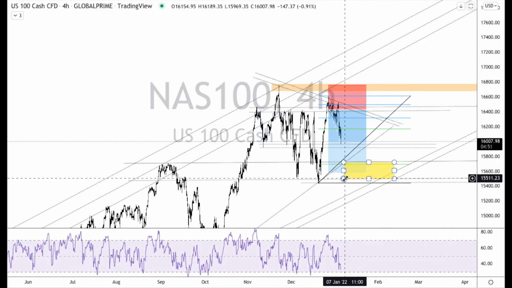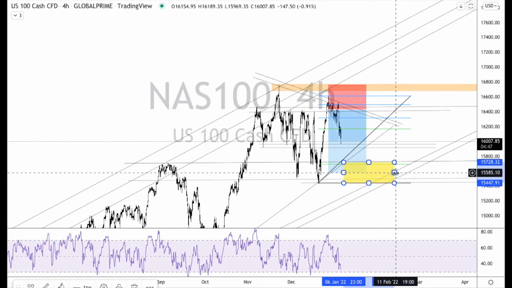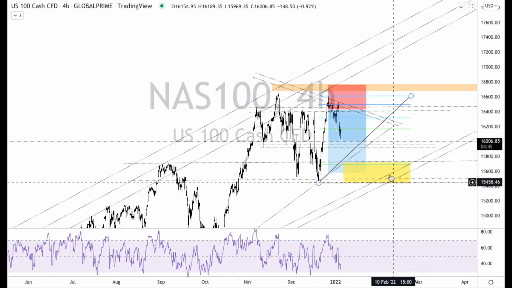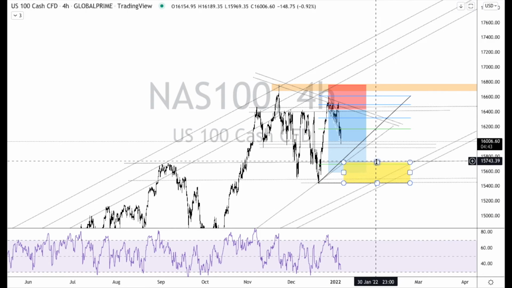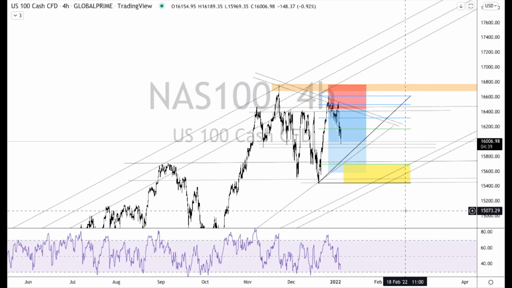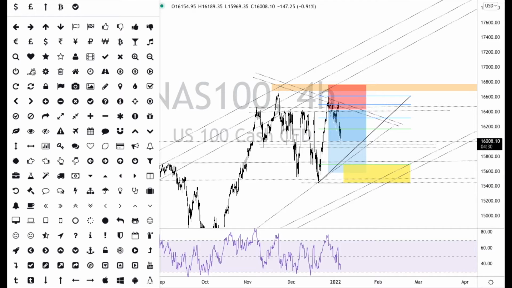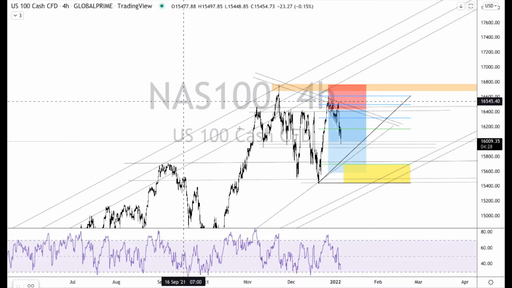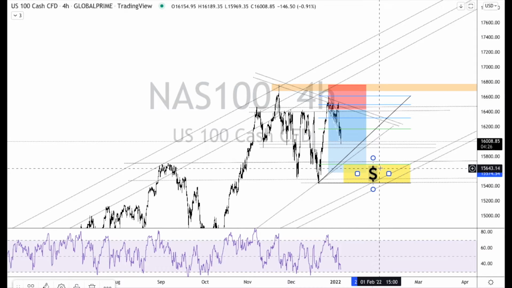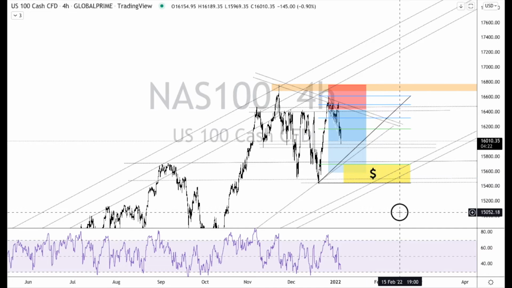And it actually even went as low as this, right? So anywhere between this zone right here, I could potentially think of picking up, putting on some buys. So I'm just going to drop a little signal in that area. Let's put a dollar sign in there. Yeah, so right here we're going to do it.